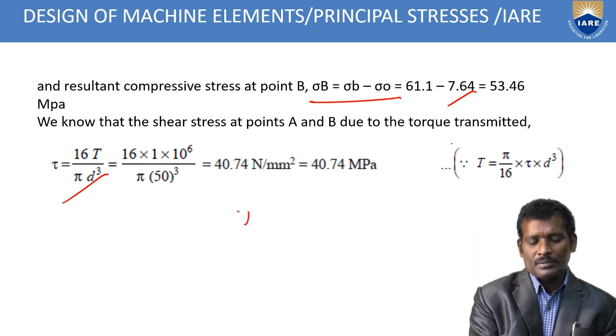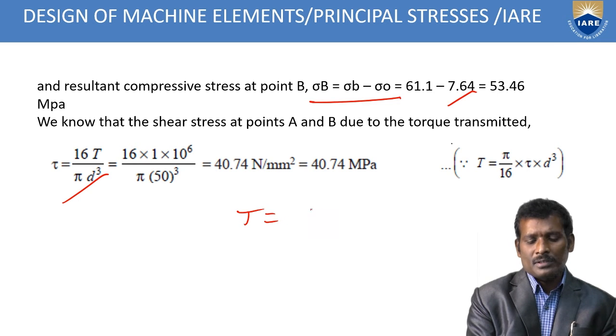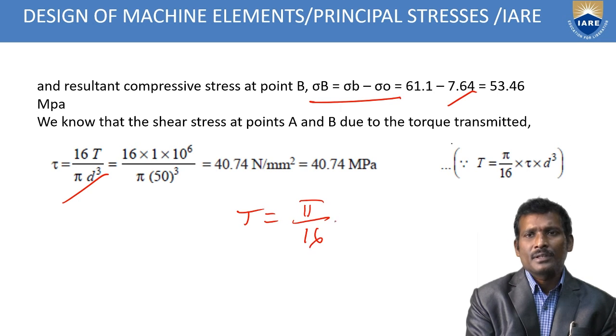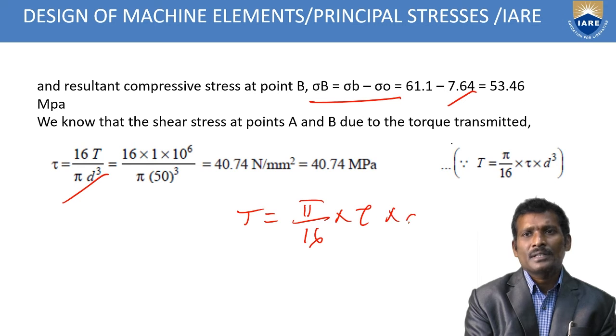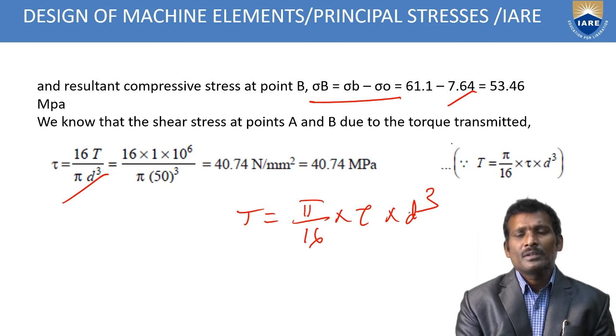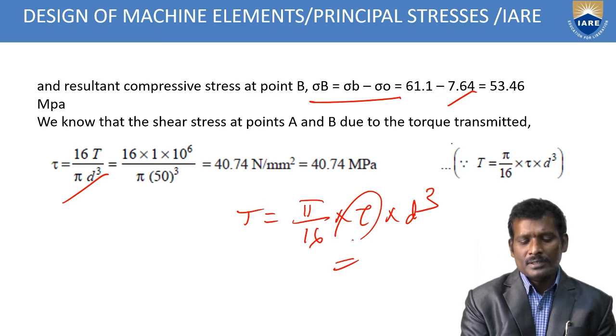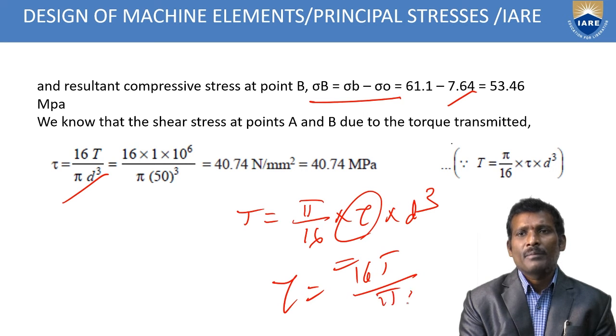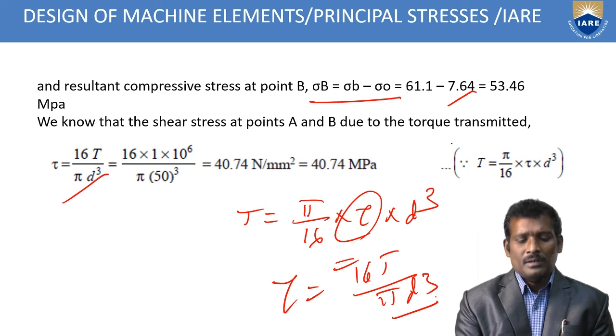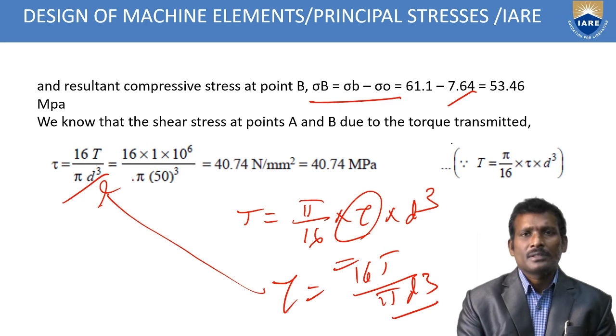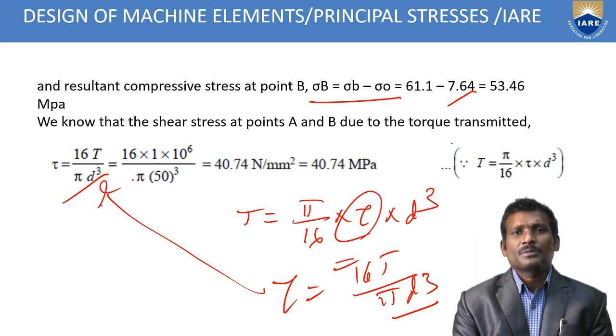So already we know the torque is equal to pi by 16 multiplied by the shear stress multiplied by d cube. So find out the shear stress value from this equation. We will get 16T by pi d cube. So substitute the torque value and d value, you will get the shear stress.